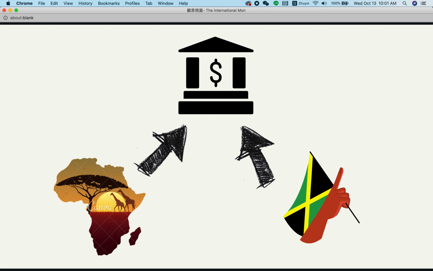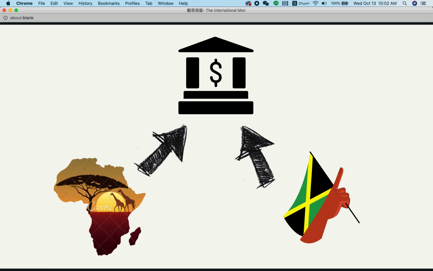Other countries have a system under which their exchange rate is allowed to fluctuate against other currencies within a target zone.